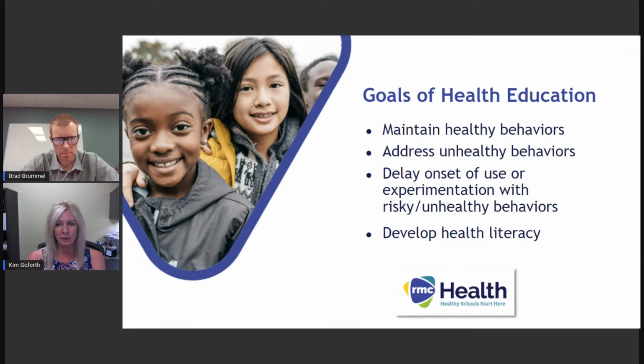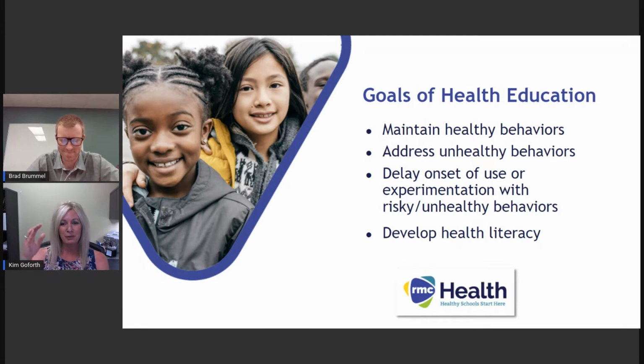But I think that when we relate it to health behaviors and we focus on our overall goals of health education and really fine tune to health, everything can be related to our health. Walking across the street at a bad time can definitely affect our health. Playing Frogger is not healthy.